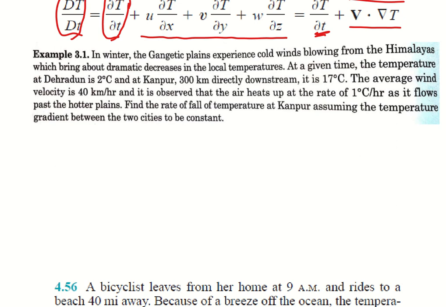So we will try to understand this with the help of a simple numerical, in which in winter the Gangetic plains experience cold winds blowing from the Himalayas, which brings about a dramatic decrease in the local temperatures. At a given time, the temperature at Dehradun is 2 degrees centigrade.